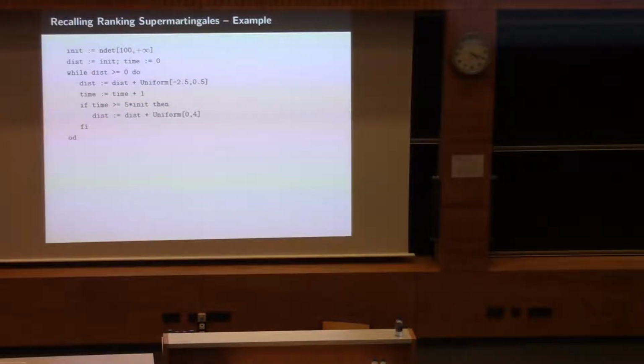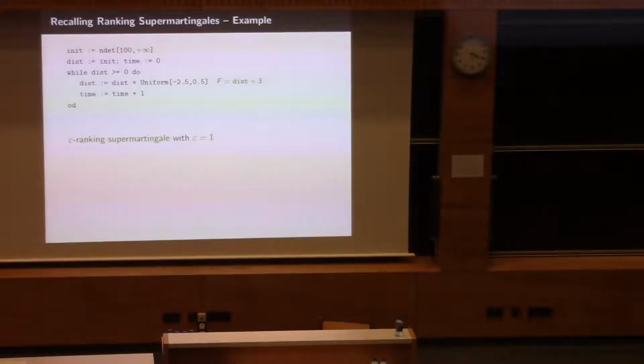We can, for example, take our running example, remove this problematic part, and thus we obtain a simple program which terminates with probability 1. And here the termination of this loop is witnessed by a ranking supermartingale, which, let's say, attains the value dist plus 3. And it is easy to check that in each iteration of the loop, the value of this function decreases by 1 on average, because minus 1 is the expected value of this sampling.